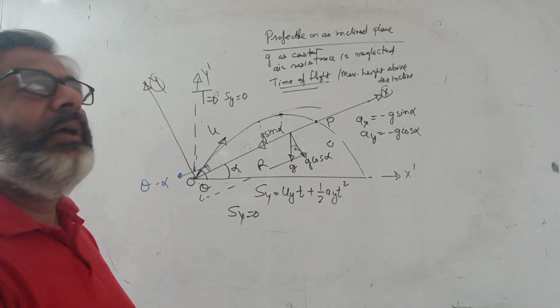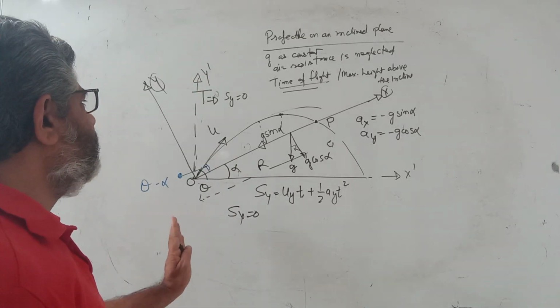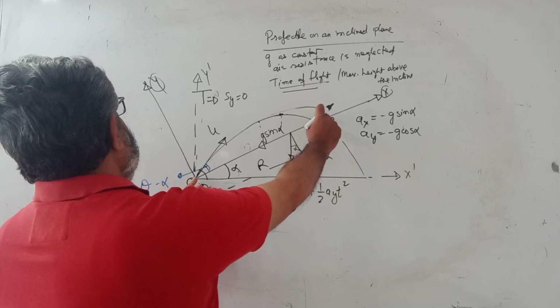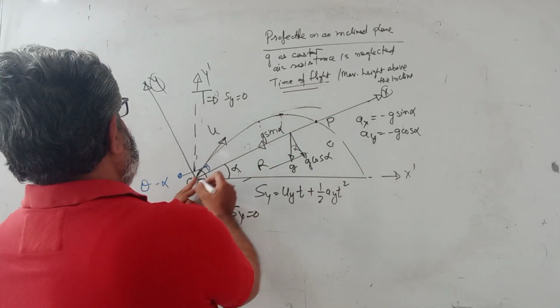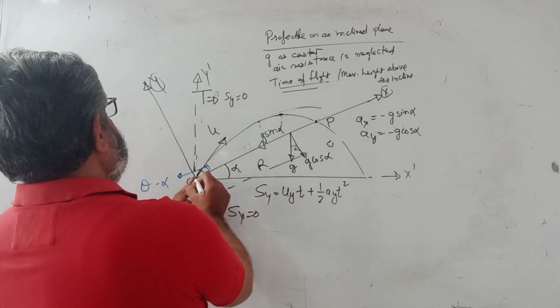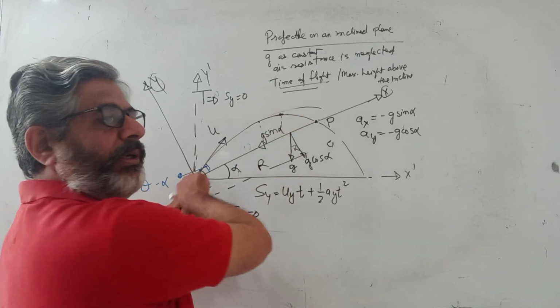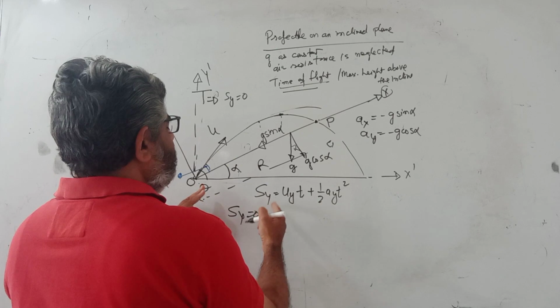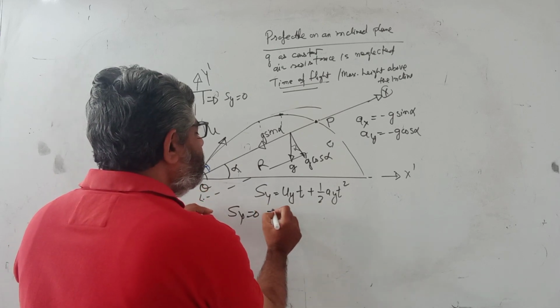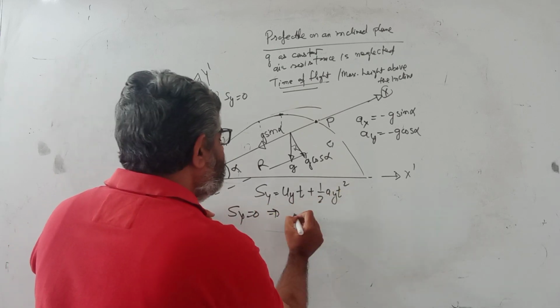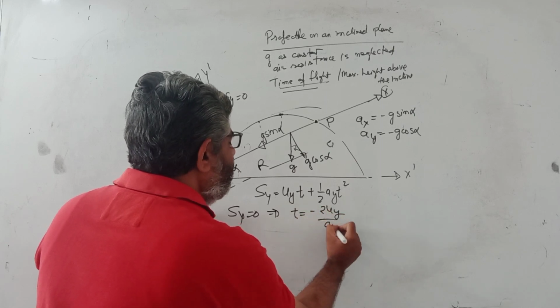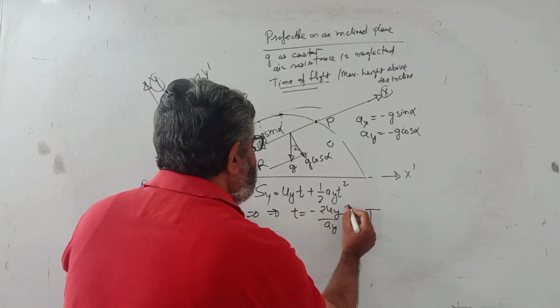There also I said in this direction vertical displacement is 0. Now this vertical displacement is 0 because it has come from here to here. Meaning, see, on the y axis it was here earlier, and it is still here on the y axis. Only in the x axis it has moved, but this is the x axis now. So if you write sy is 0 here and solve this carefully, t will cancel with t, and t will come out as minus uy upon ay, and this will be your time of flight.